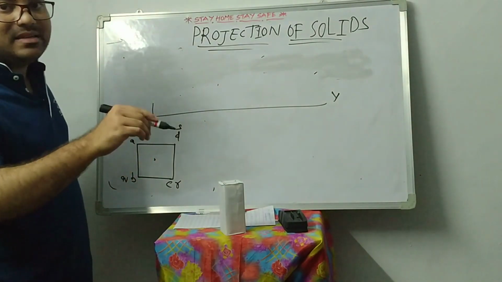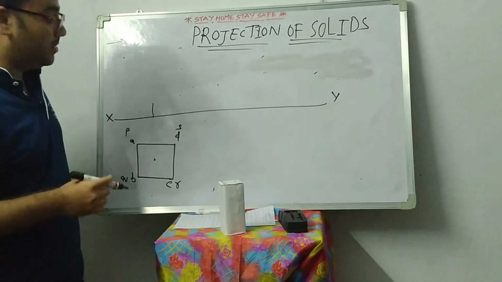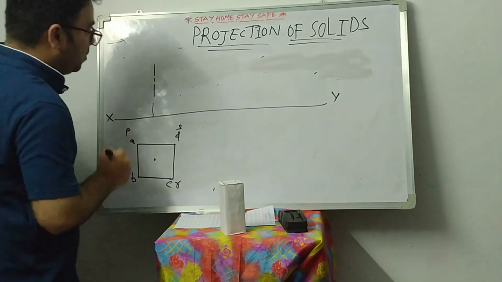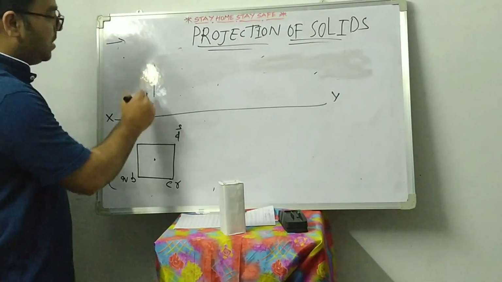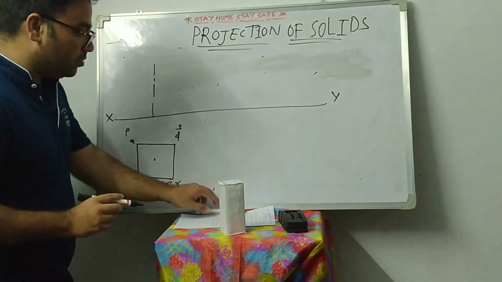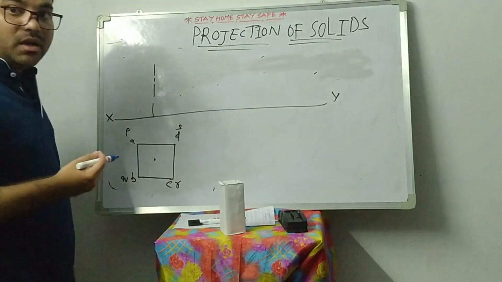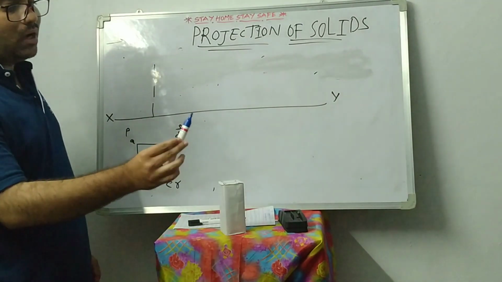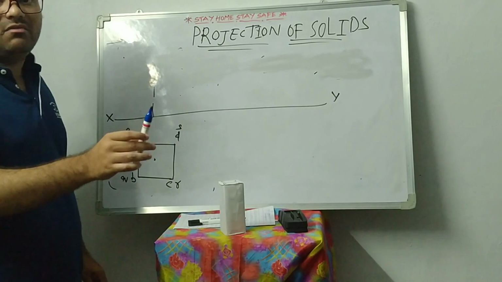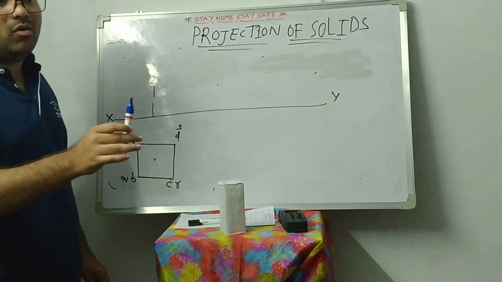Once again, the axis height is 60 mm, that is shown by a long dashed line. This length is 60 mm. From there onwards, you start to make projections. Whenever I use a blue color, those are projection lines. These projection lines are very, very light. Don't highlight the projection lines in your drawing sheet.